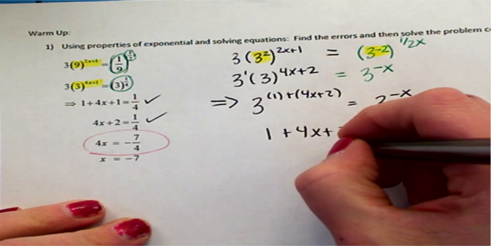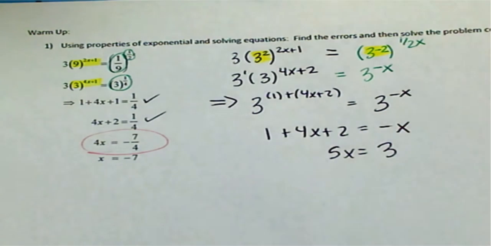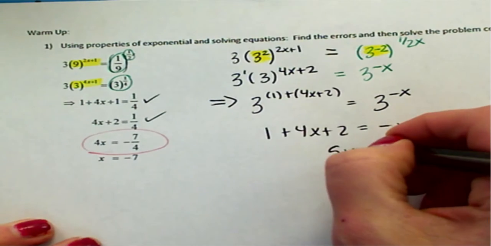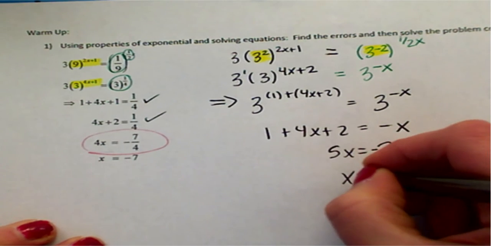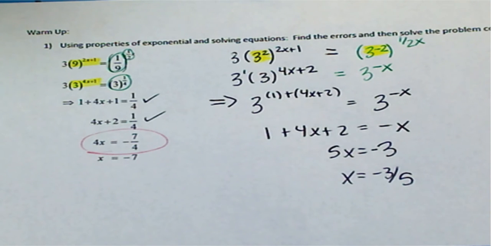So 4x plus 3 equals negative x? Yes. Or 5x equals negative 3. So x equals negative 3/5. That's the correct answer. But guys, I made 3 very common mistakes. So be careful with your work. Make sure you know exactly what you're trying to do.